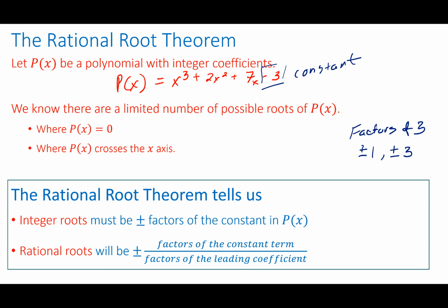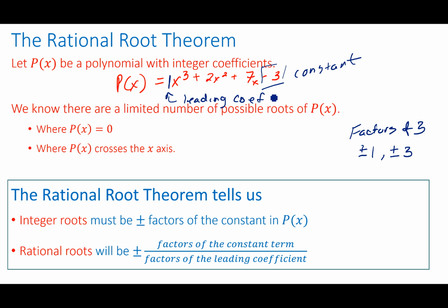My rational roots, which is what we're going to focus on, will be plus or minus now factors of the constant divided by factors of the leading coefficient. In my example that I've written up here, this p of x polynomial, what is the leading coefficient? 1. Okay, so right here, that would have been the leading coefficient.